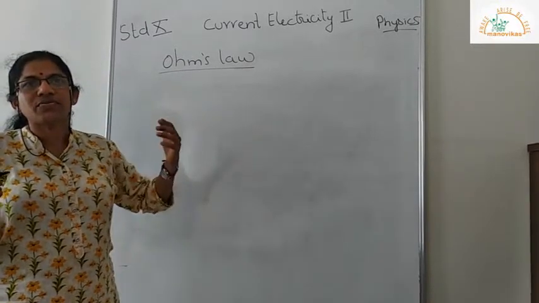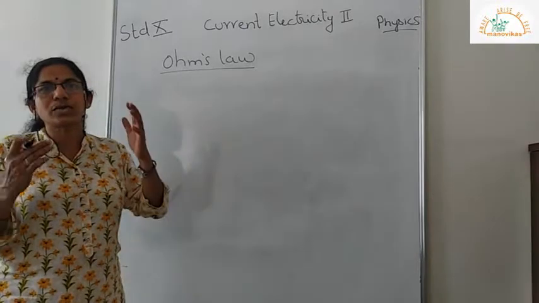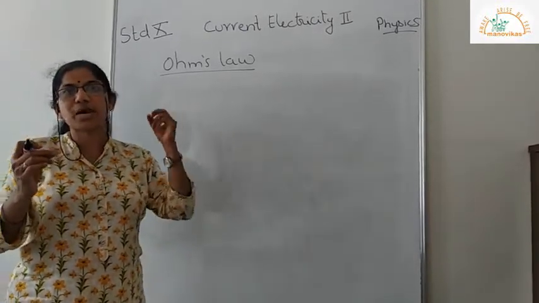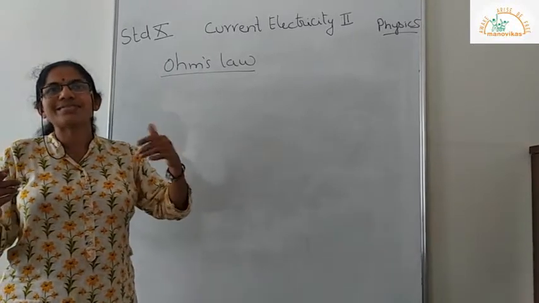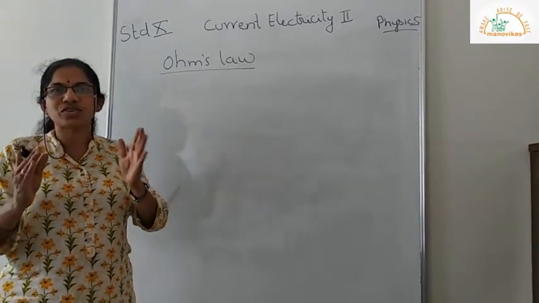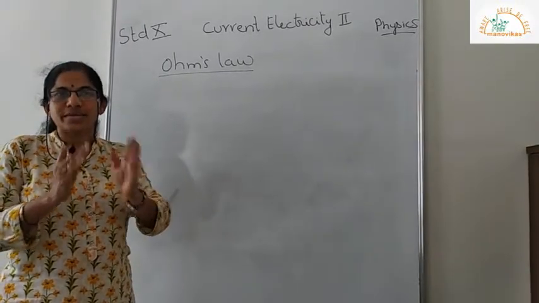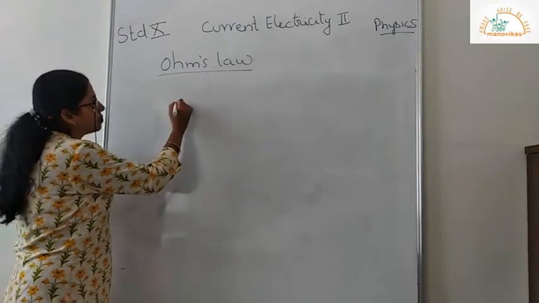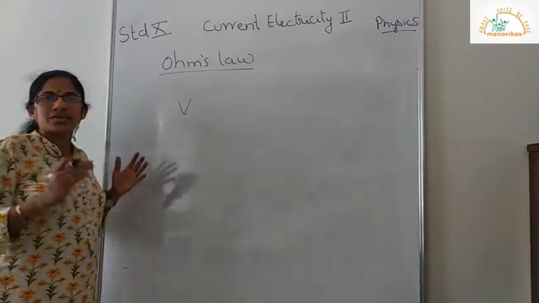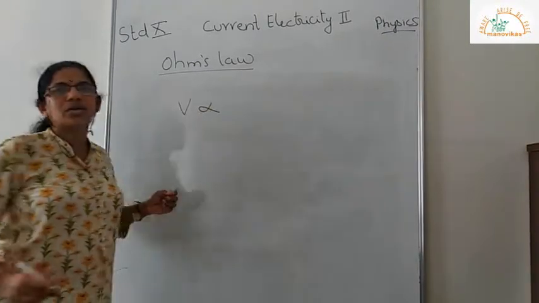Ohm was the one who observed that when current is passed through a conductor of a certain resistance R, with a potential difference of V maintained between the two ends, the potential difference V that is applied is proportional to the current.